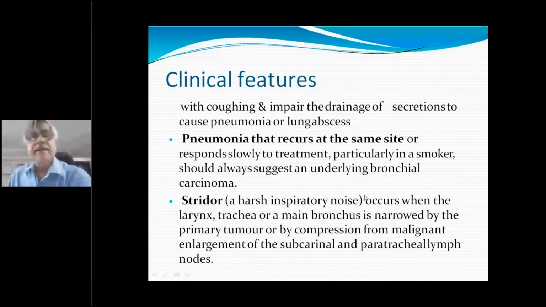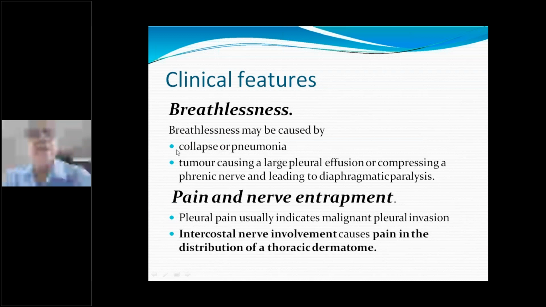Of course, there may be stridor, an inspiratory noise, when the main bronchus is narrowed by the primary tumor, or by compression from malignant enlargement of the carinal and paratracheal lymph nodes. Breathlessness, of course, you know very well, may be because of collapse or because of pneumonia.